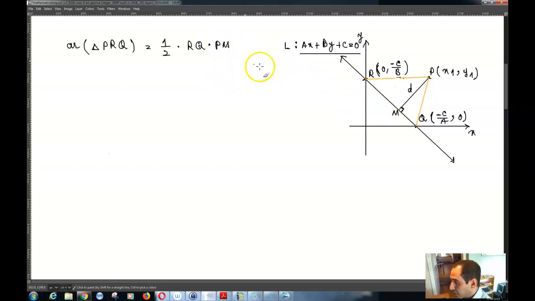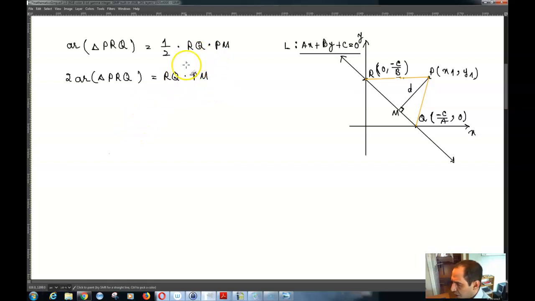And basically, if I rewrite this over here, I can multiply the whole equation by a factor of 2. I'll get 2 times the area of triangle PRQ is equal to RQ times PM.